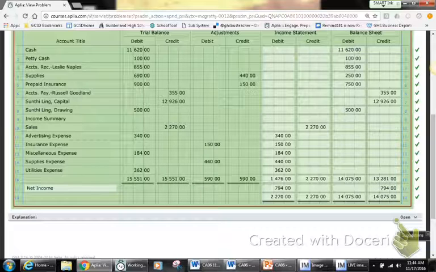And we bring that, which is the difference between the $2270 and the $1476. So we have an income of $794. And then the difference between the balance sheet accounts 14,075 and 13,281, that should be the exact same number. Okay? If it's not, then you've done something wrong. Okay? And you bring the totals down and you're good to go.